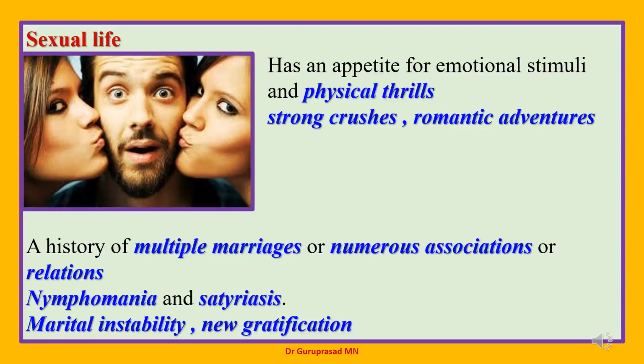Very often he is prone to have strong crushes, at times getting involved in romantic adventures. Because of his nature he is involved in some or other romantic adventures. There may be a history of multiple marriages or numerous associations or relationships.